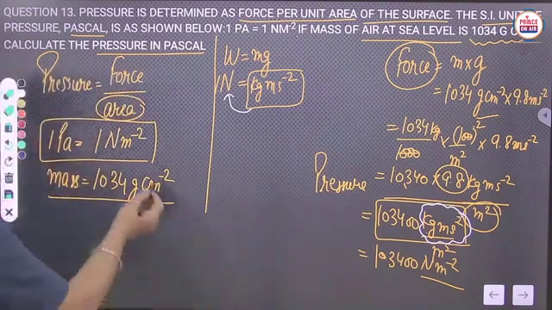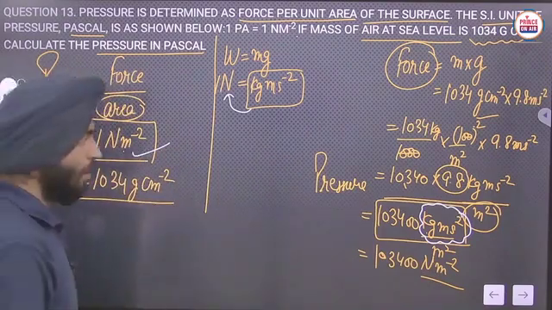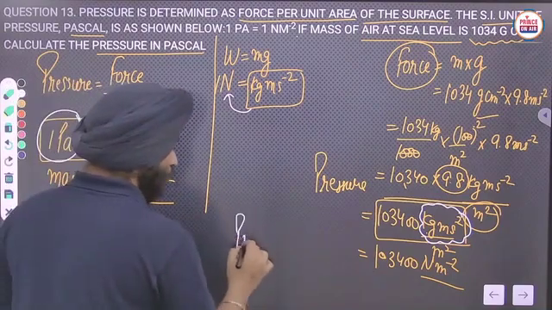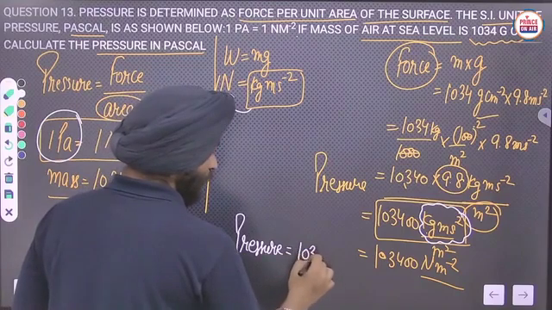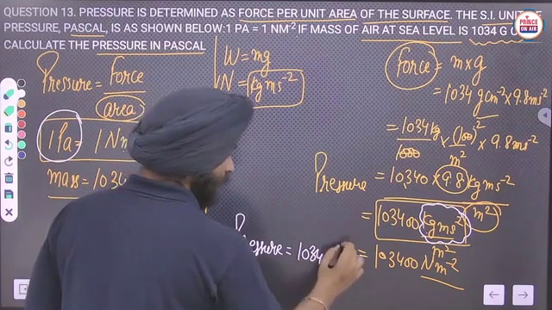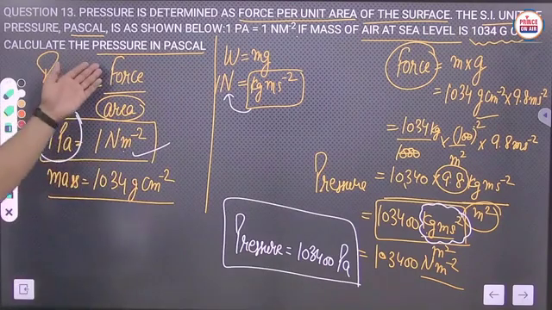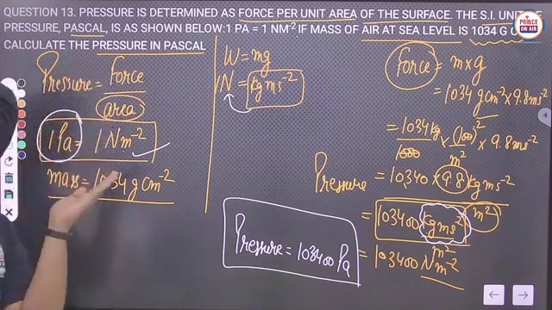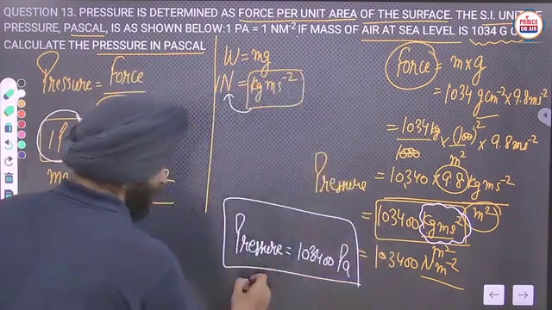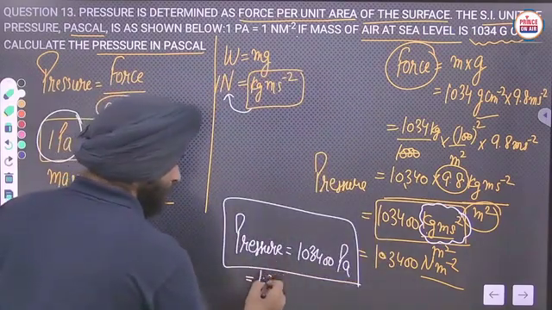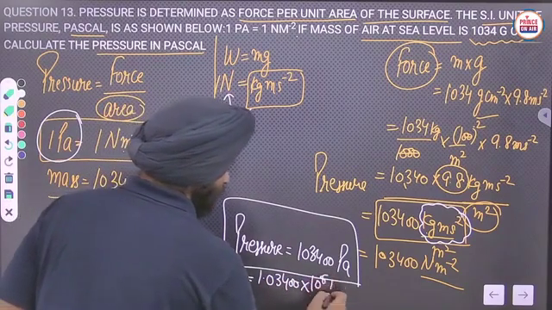Now come here. Newton per square meter is Pascal. So the pressure comes out to be 103400 Pascal. What was the question here? We had to convert that value into Pascal. So the pressure will come out to be approximately 1.03400 into 10 raised to the power 5 Pascal.